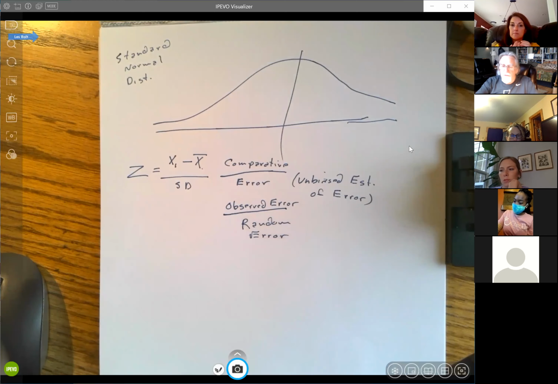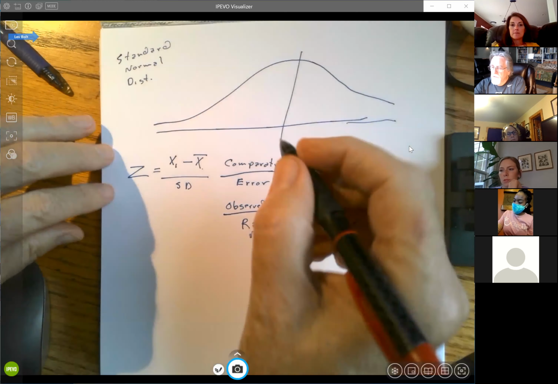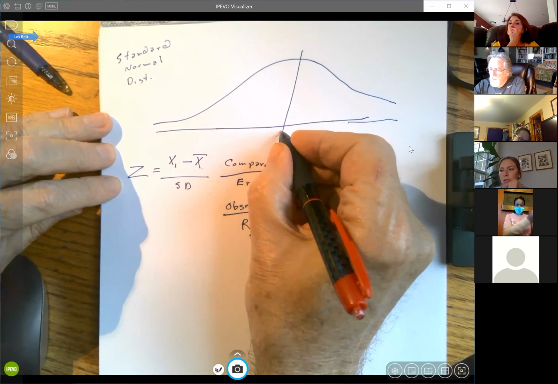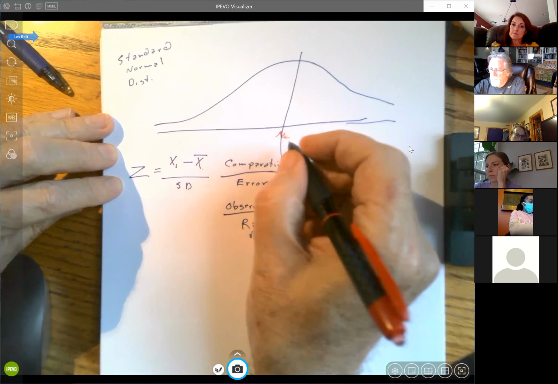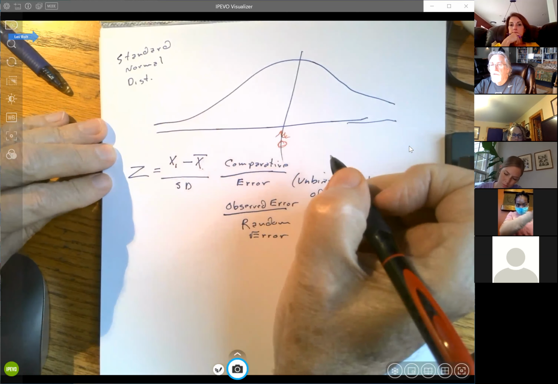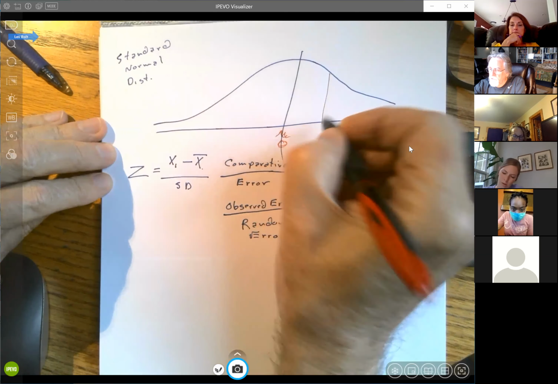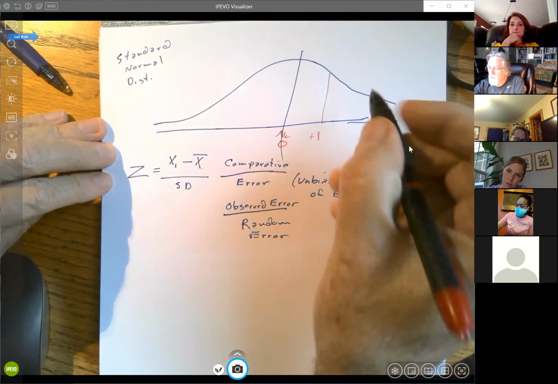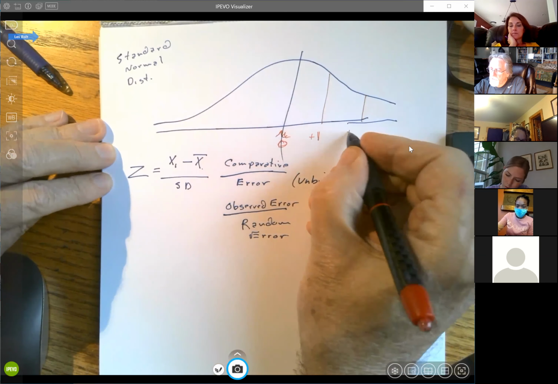The way this practically works, let me get another color here so you can see this, is that on this standard normal distribution, the mean is in the middle, and the z-score value there is 0. So it's 0 in the middle. We go up 1 standard deviation unit. So this is +1 standard deviation unit. We go up 2, +2.